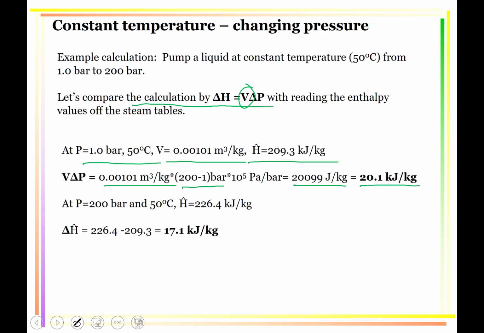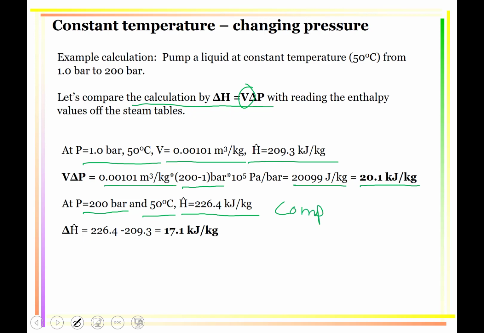So let's compare that with the value we get using the steam tables. Okay, so P is equal to 200 bar and 50 degrees C. H hat is given from the steam tables, and remember the state of our liquid at that point?